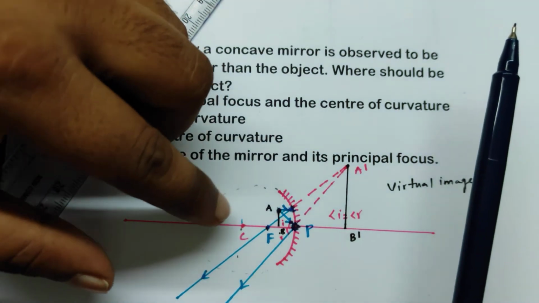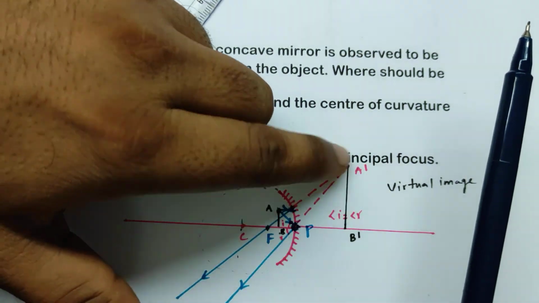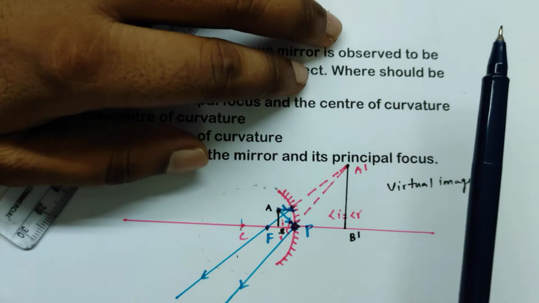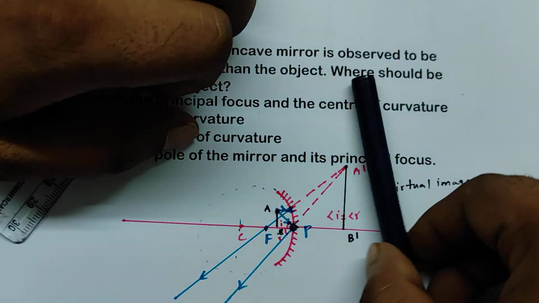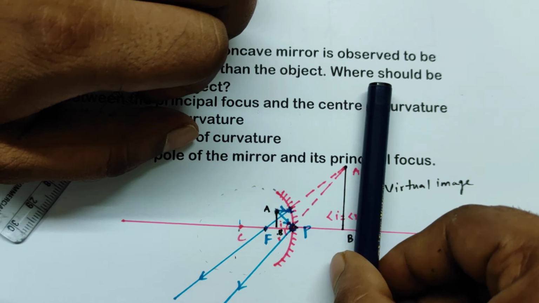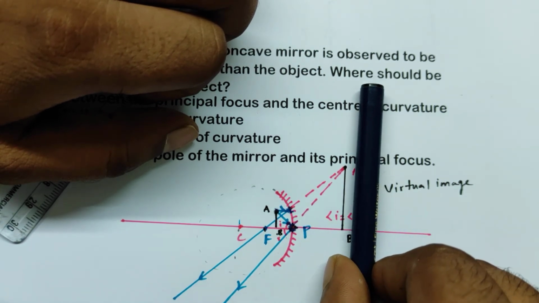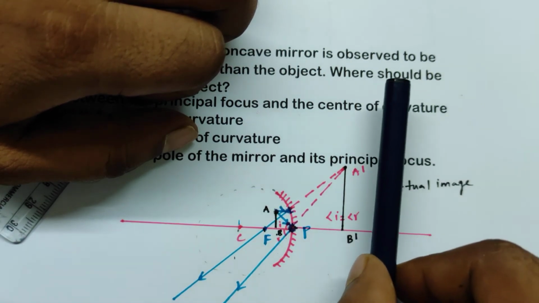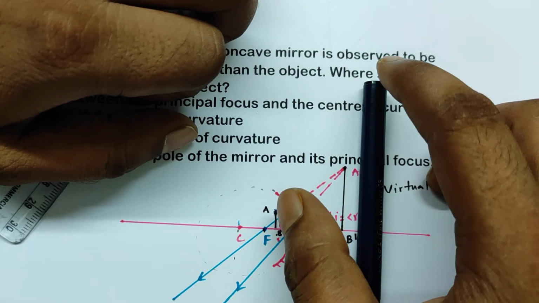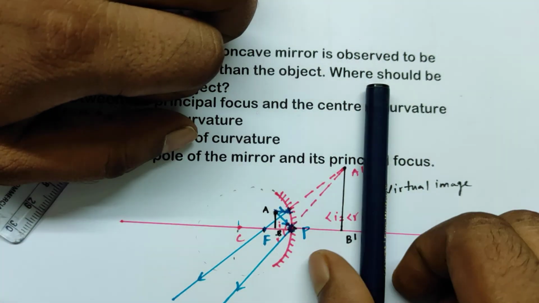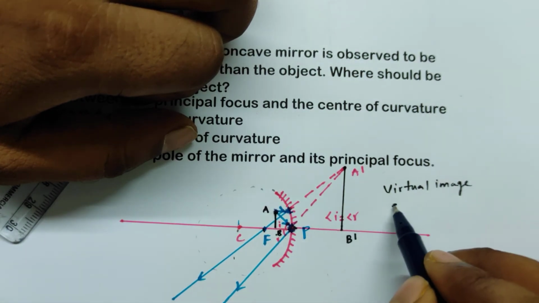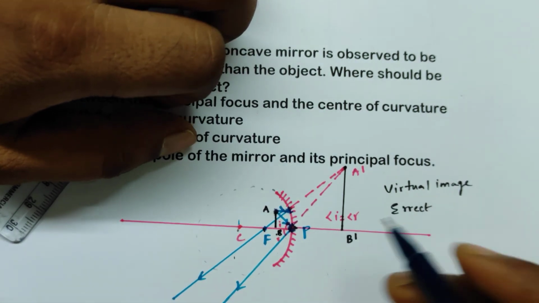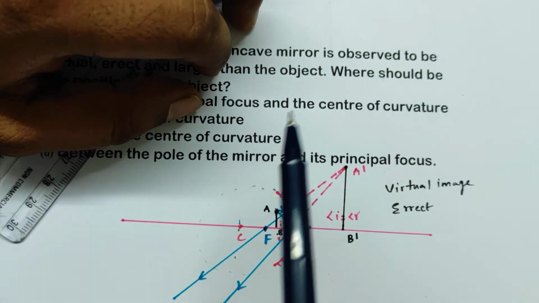For example, if the image is formed the other way around, then we can call it an inverted image: foot came upside, head came downside. So in our case, it is an erect image. Erect means the same type of pattern.